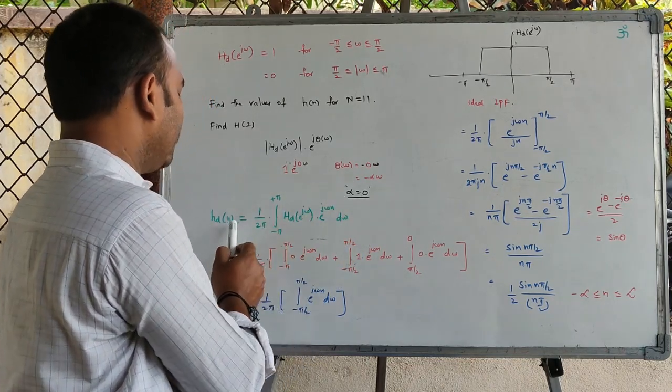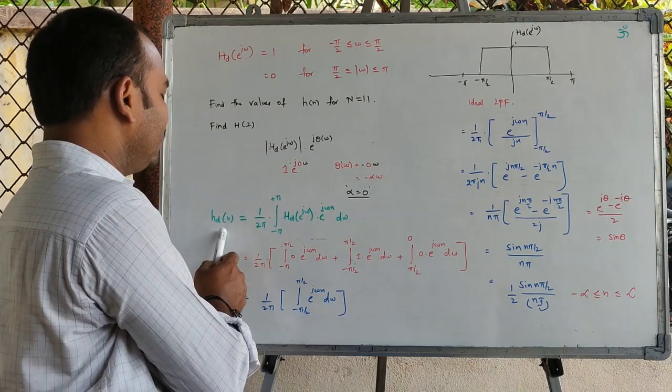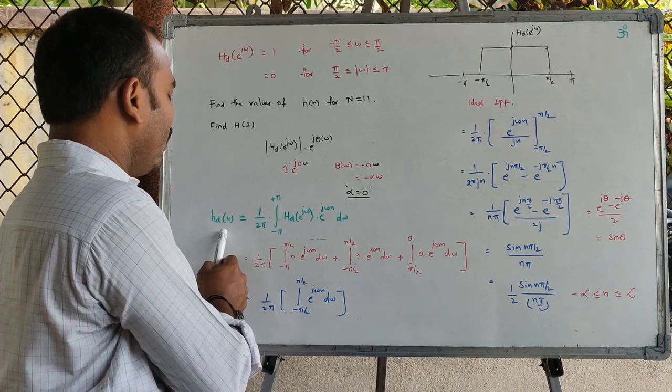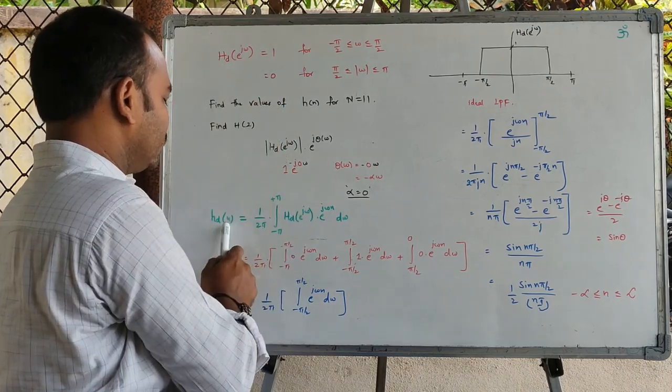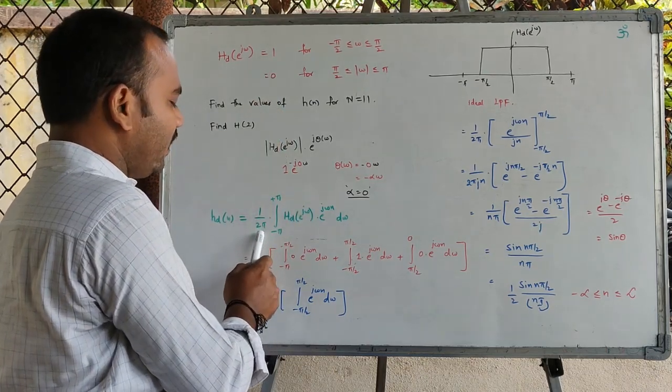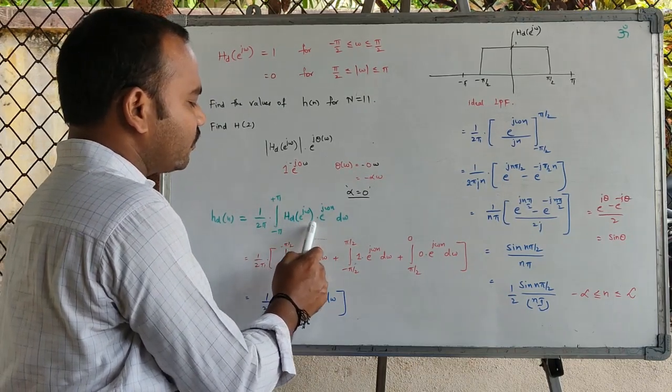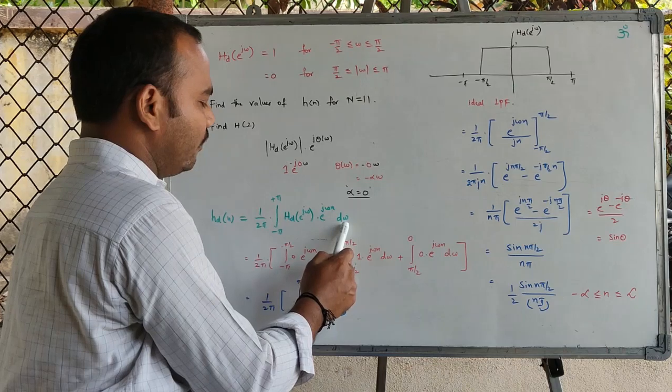So the first step in designing the FIR filter is to find the inverse discrete time Fourier transform of the given frequency response, that is 1 by 2 pi integral minus pi to plus pi of the desired frequency response e power j omega n d omega.